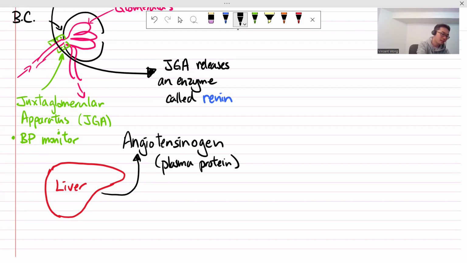Angiotensinogen. What does ogen mean? Do you remember that? Long time ago when we first met at the beginning of the semester. Like fibrinogen or like pepsinogen. Okay. Ogen means inactive, right?